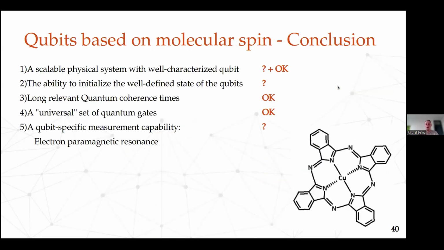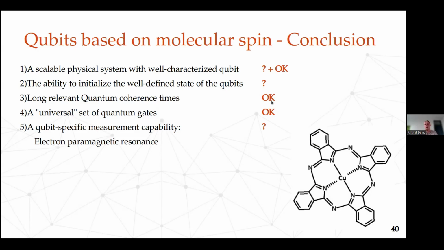So to confront these molecular spin magnets with the criteria shown before, you can see that some criteria are okay, but the scaling within a few qubits within one molecule is very nice.